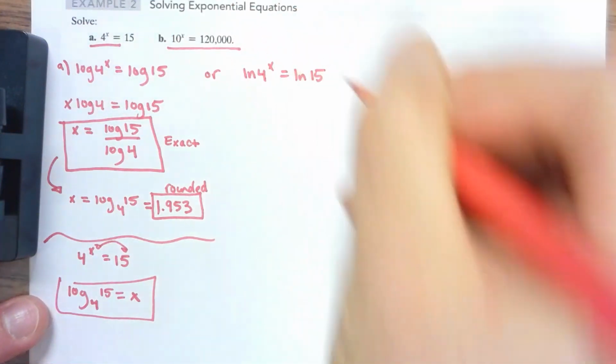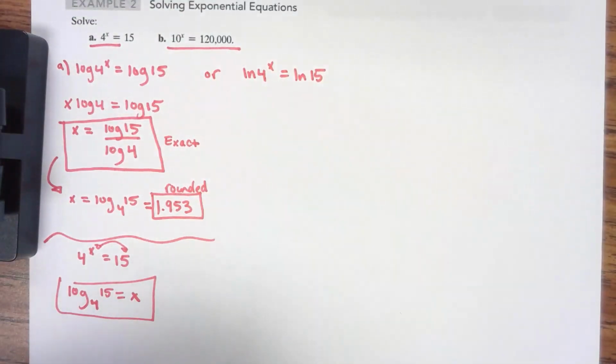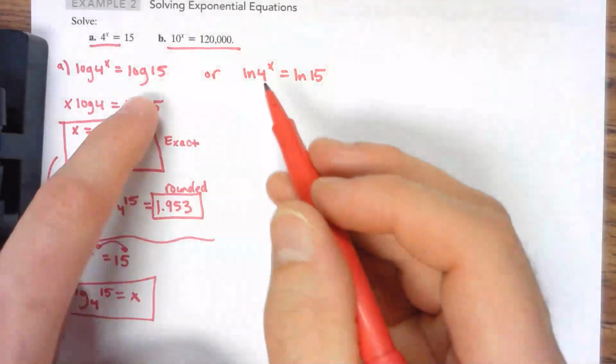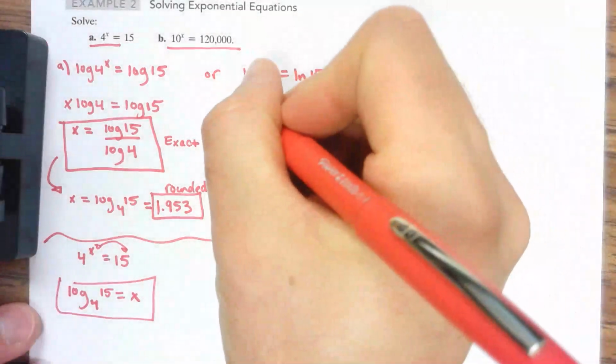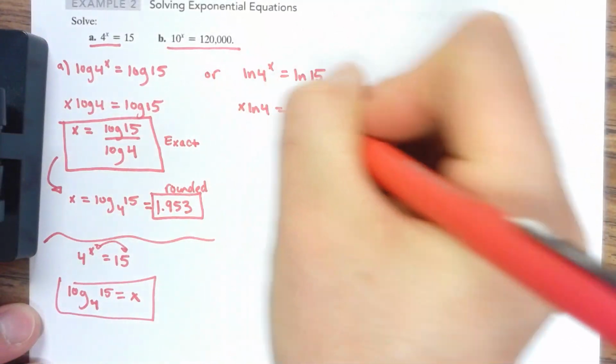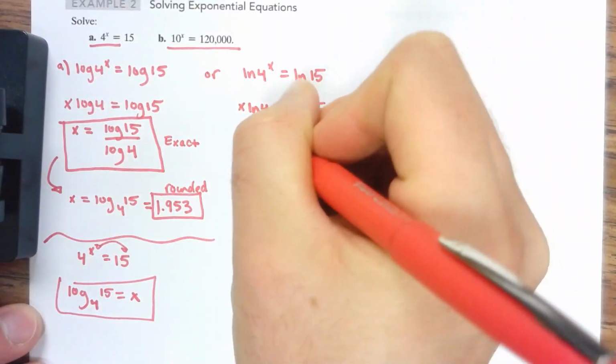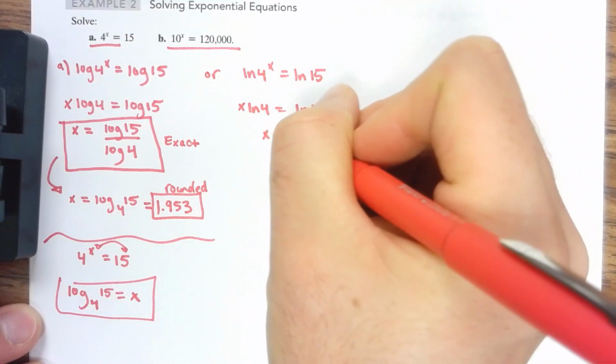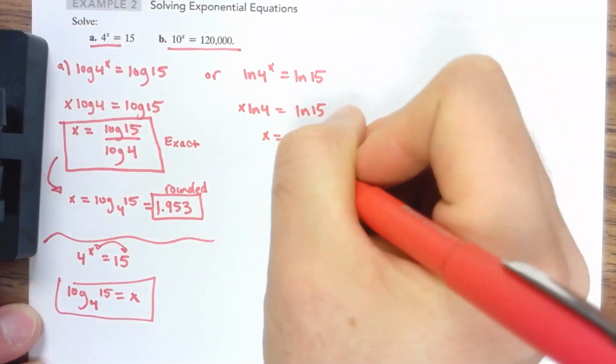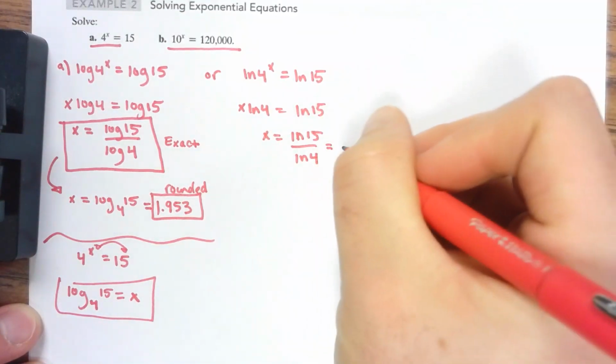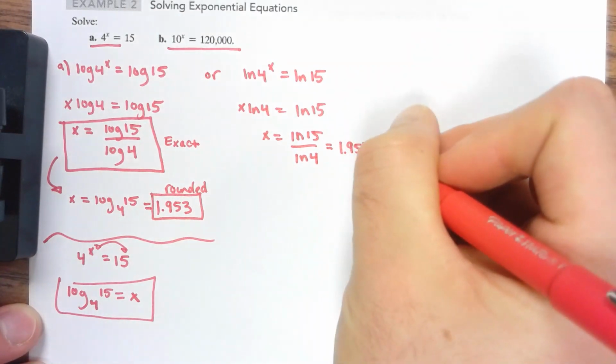And when you're working on Math Excel, it might say, write your answer in terms of natural logs. It might say, write your answer in terms of common logs. Either way, it's going to work out to be the exact same. This would be x natural log of 4 equals natural log of 15. x equals natural log of 15 divided by natural log of 4, which is still going to equal 1.953.